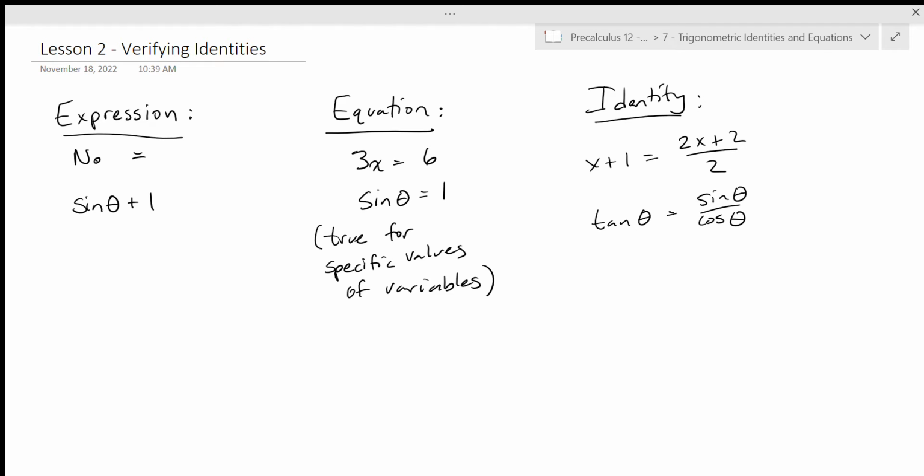So the difference between an identity and an equation: both have an equal sign, but the big difference is that an identity is true for all real values of the variable.